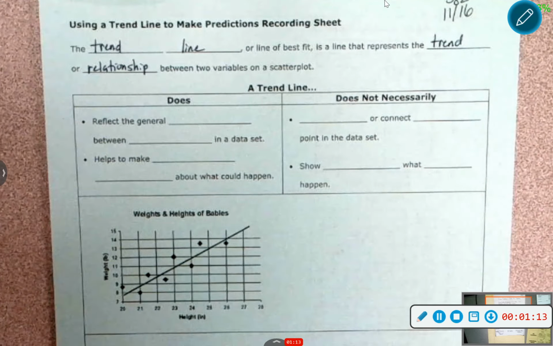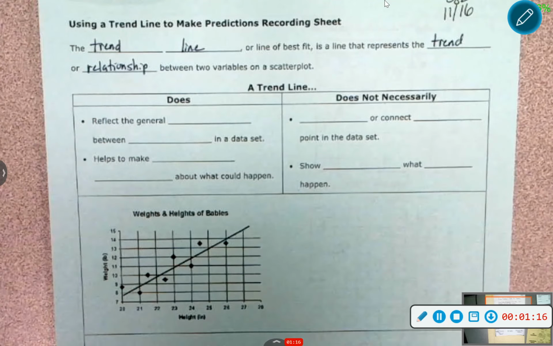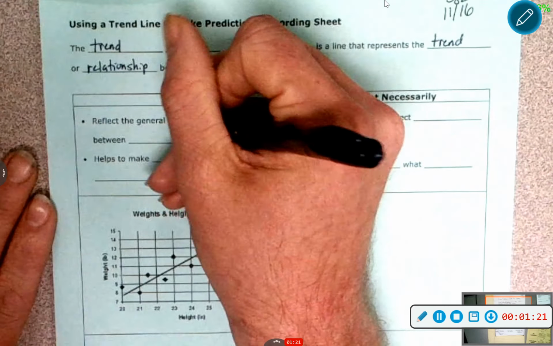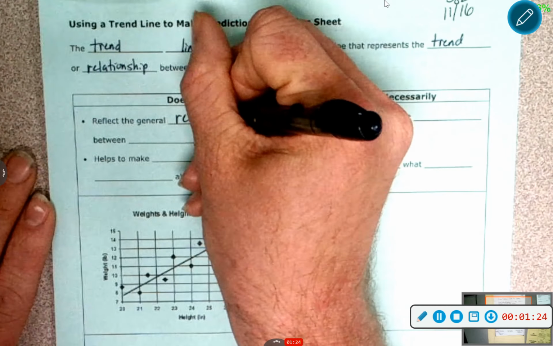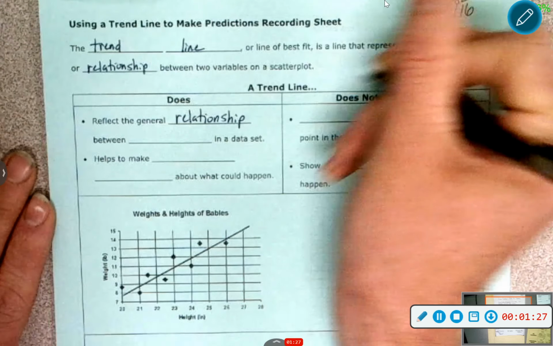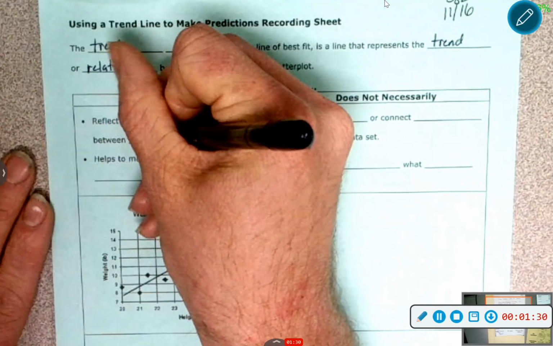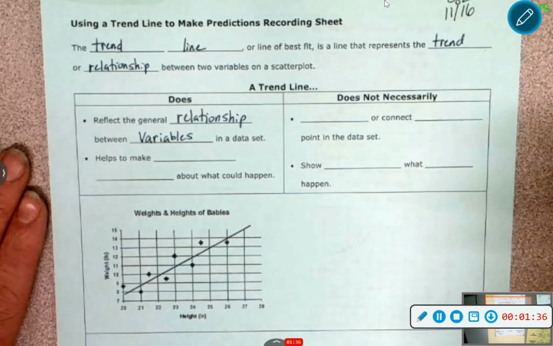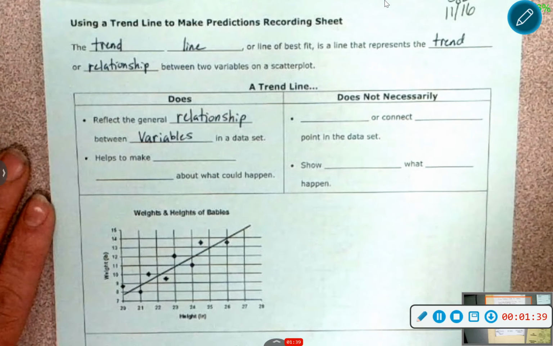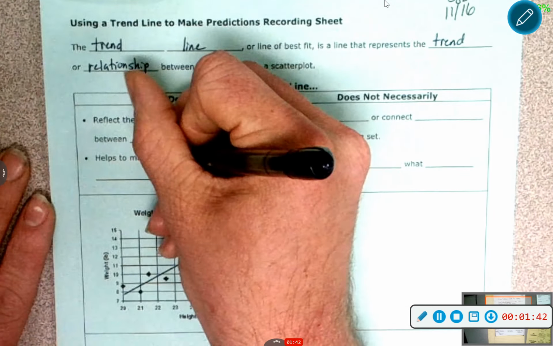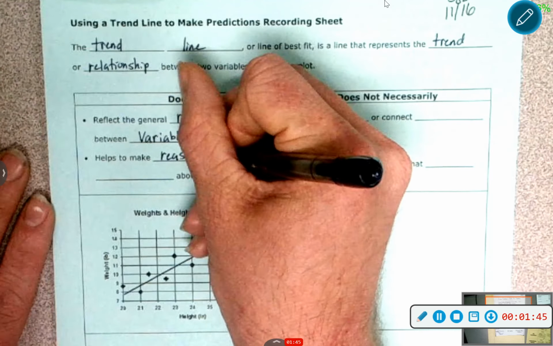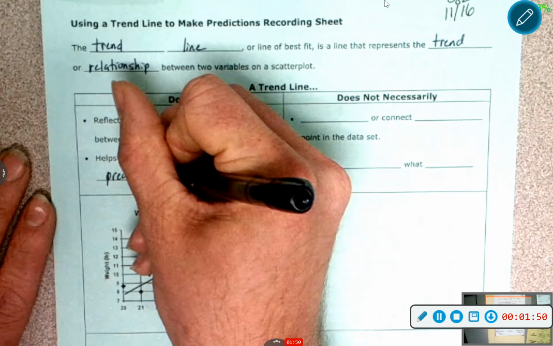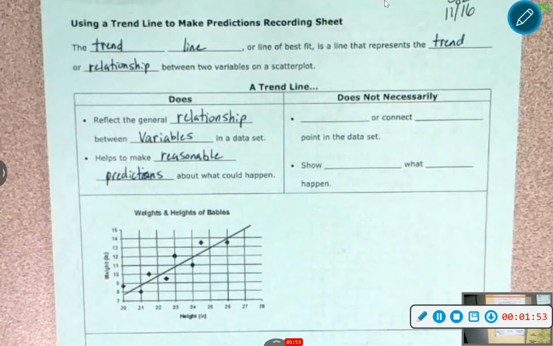So we're going to talk a little bit about what a trend line does. What does it not necessarily do? So it does reflect the general relationship between variables in the data set, and it helps make possible predictions, just helps make reasonable predictions, let's say that, about what could happen.